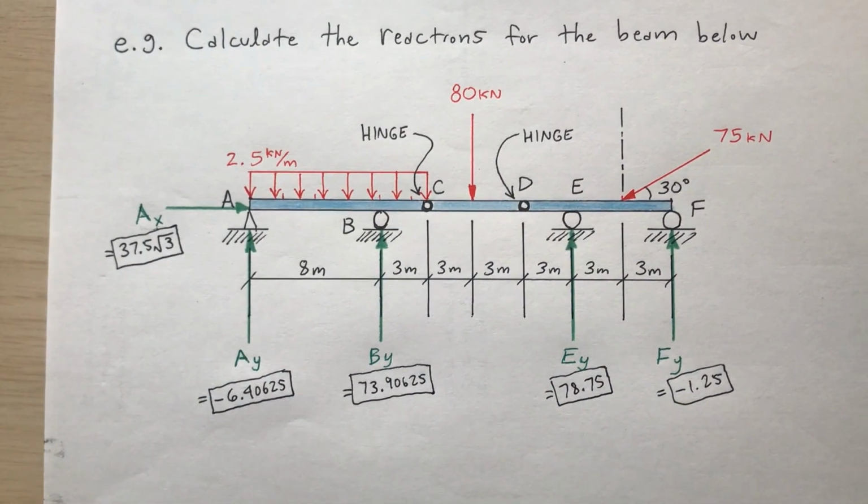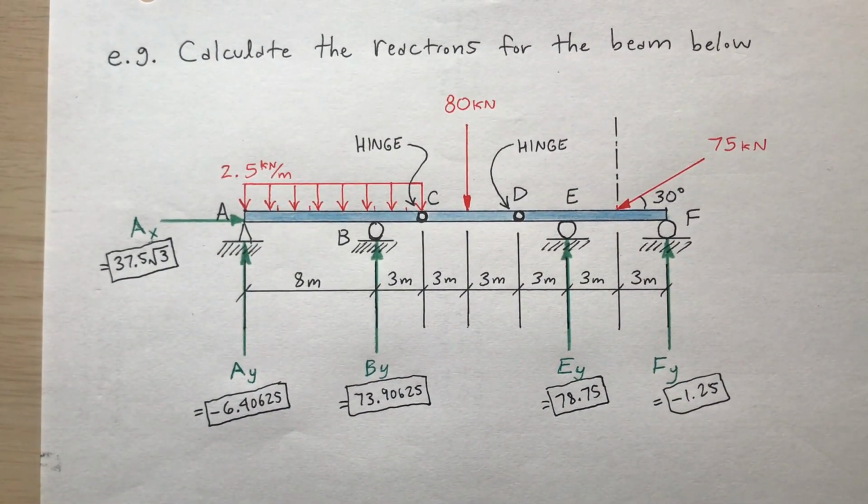So for this beam, I needed to break it up into 3 parts. I would not have been able to solve it given its original form, that is, without breaking it up. So what good did those hinges do? Well, the hinges allow me to introduce new and independent equations in terms of the support reactions.